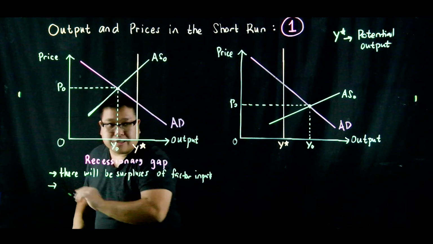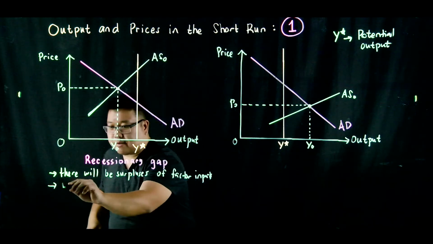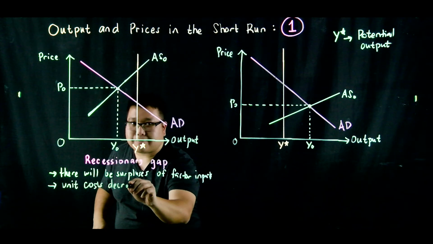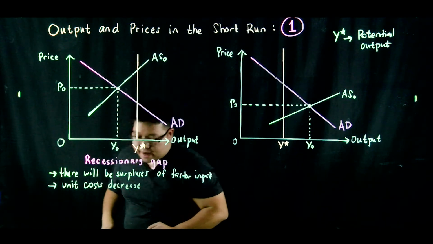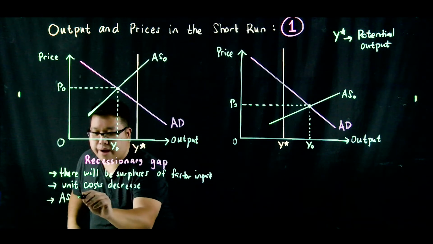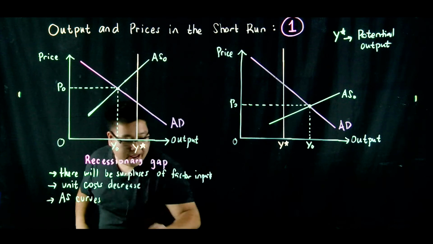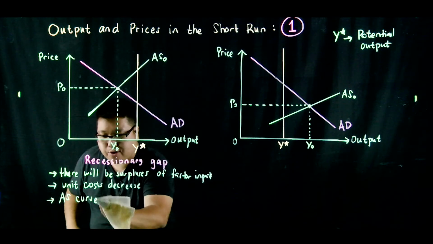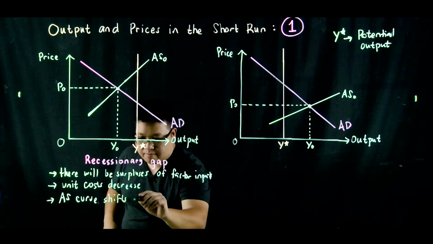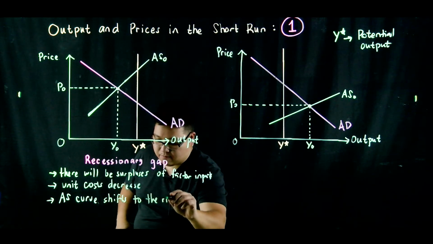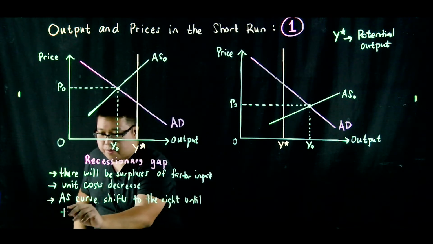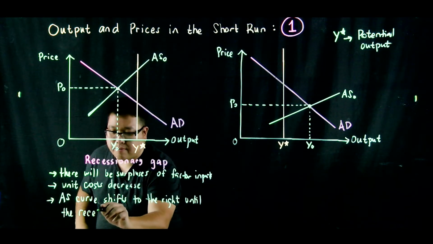And as a result, unit costs decrease. And when unit costs decrease, the AS curve shifts to the right. Or AS curve, because there's only one. So AS curve shifts to the right until the recessionary gap is gone.